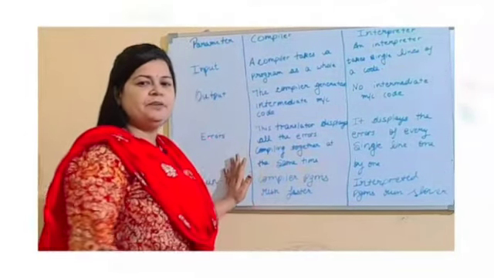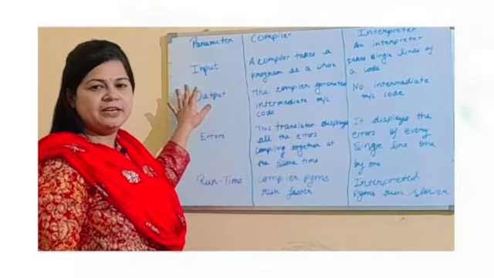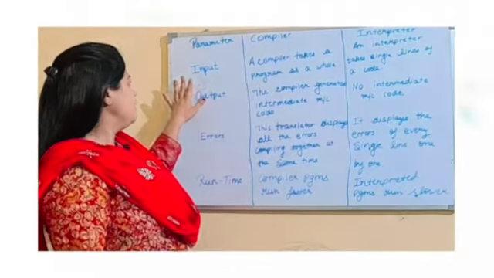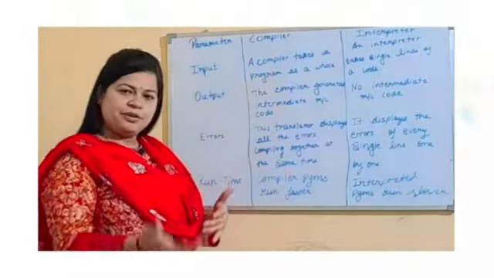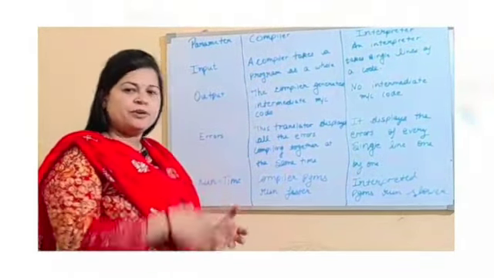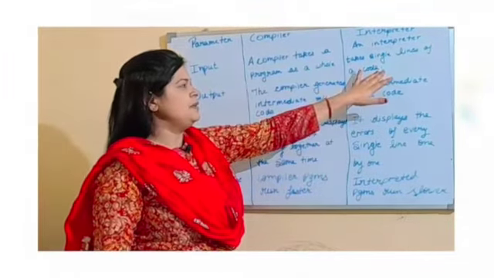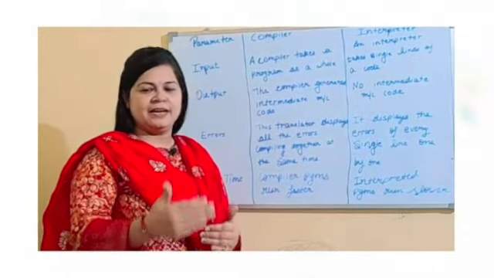Now taking different parameters, the first parameter is input. A compiler takes a program as a whole, whereas an interpreter takes a single line of code, line by line.